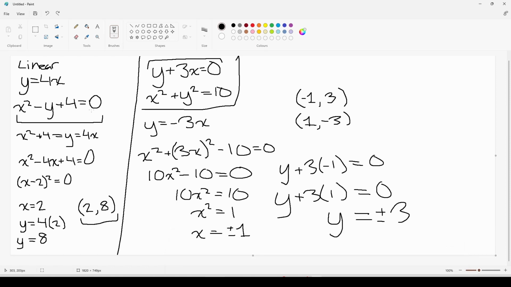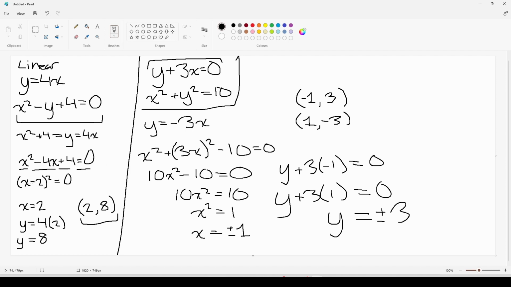Next, we have these linear equations to look at. So here we have x squared minus y plus 4 equals 0, and also y equals 4x. What we can do with this is we can sub out our y for our 4x, which gives us x squared minus 4x plus 4 equals 0, which can then be completed.